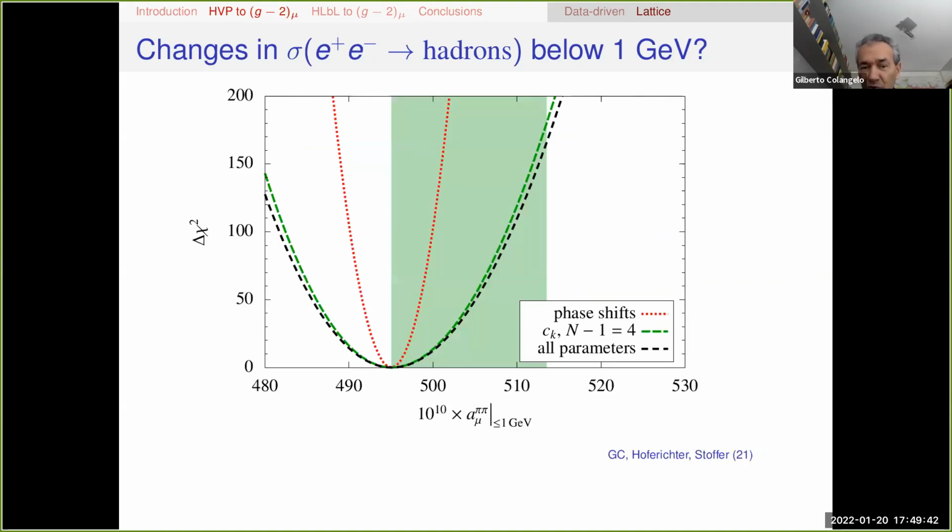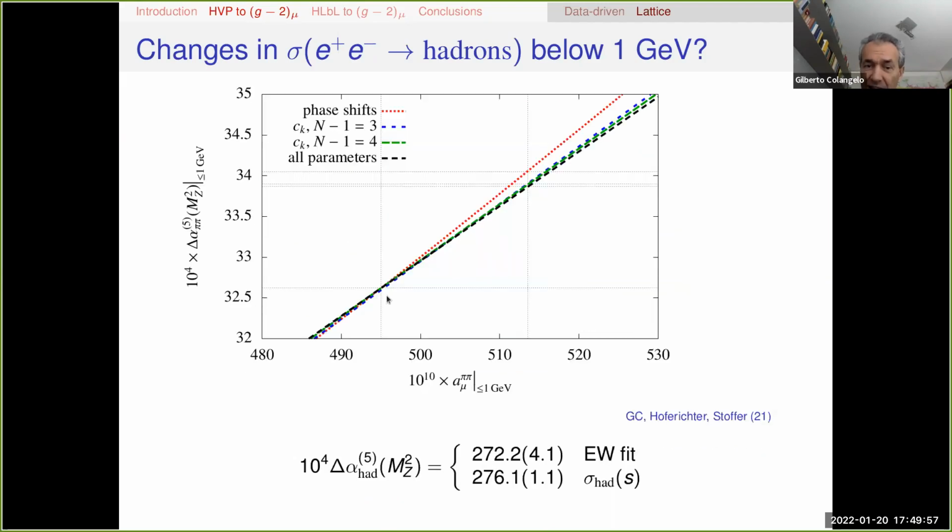And here's a plot showing you how much the chi-square has to change if you want to move from the minimum of the fit to a value which agrees with the BMW. So it would be an enormous shift in chi-square. And this is the plot which shows you the correlation between a_mu and the running of alpha.